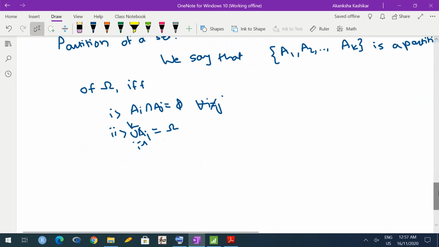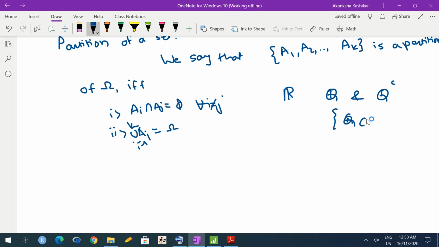Let me take a quick example. For example, if I consider the set of real numbers, then Q and Q complement form a partition because they don't have anything in common. You can't have a number which is both rational and irrational, and their union gives me the entire R. Or if I am talking about the set of natural numbers, then even natural numbers and odd natural numbers form a partition.